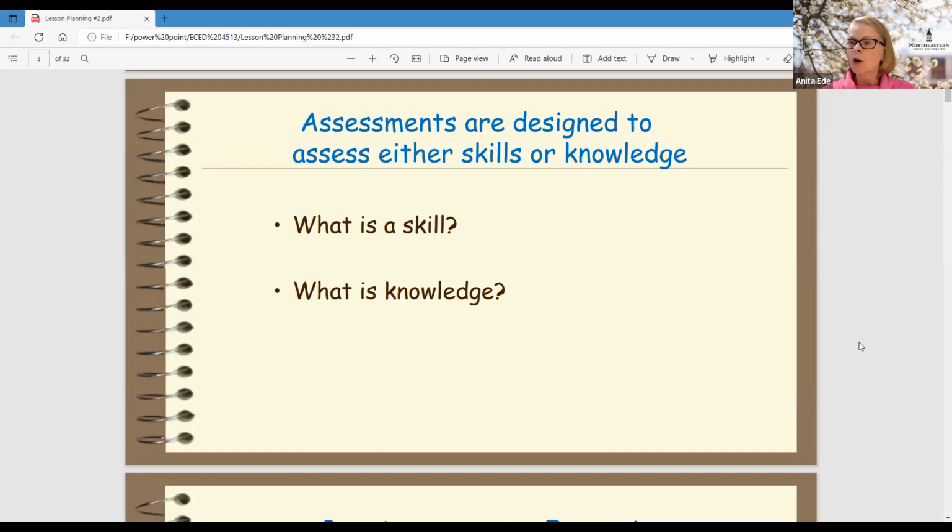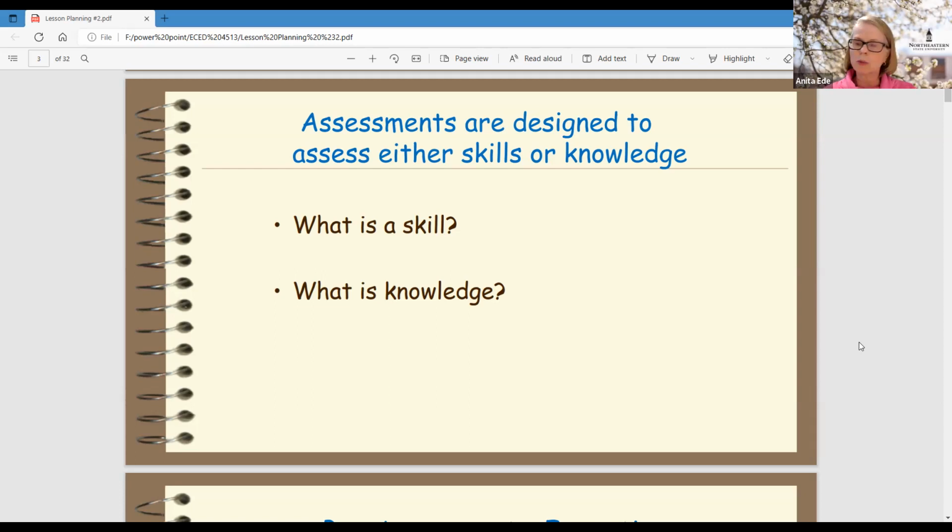For instance, when I teach my boxes lesson, I would introduce my box and then I would say, boys and girls, what do we know about boxes? If this was a knowledge lesson. Mine is not a knowledge lesson, because mine is going to be a skill lesson when I do teach it.